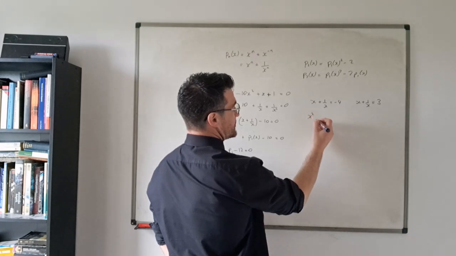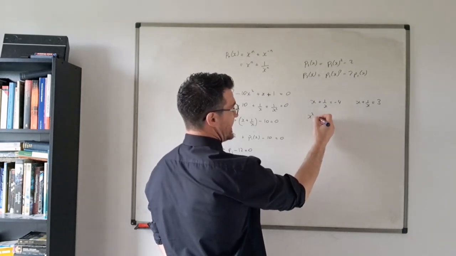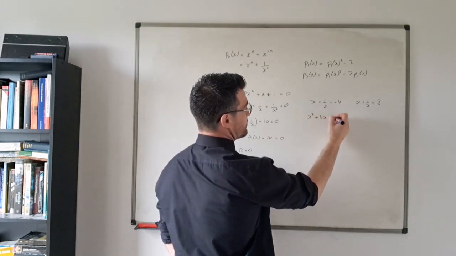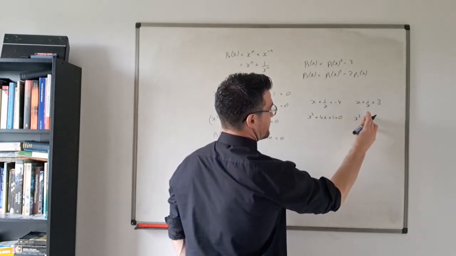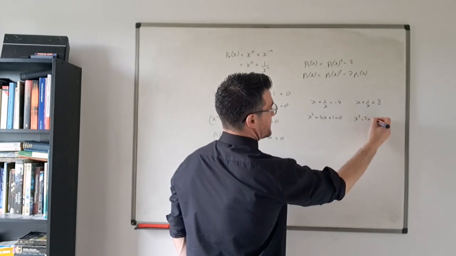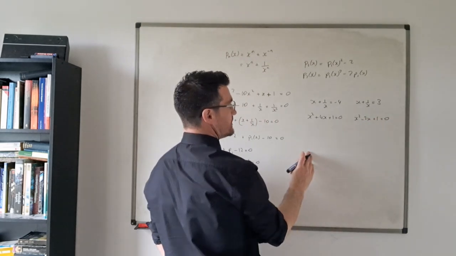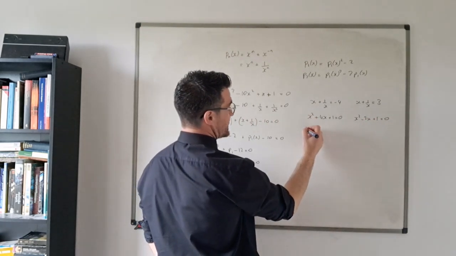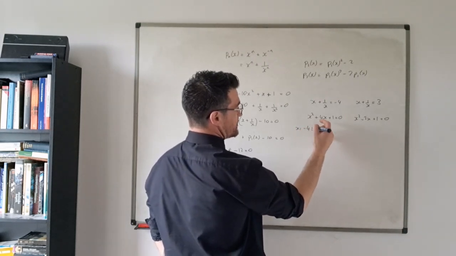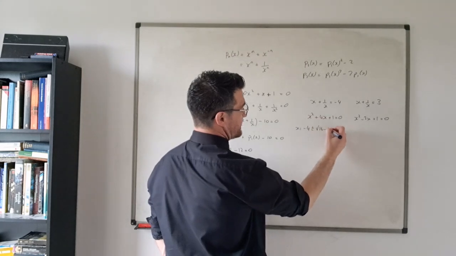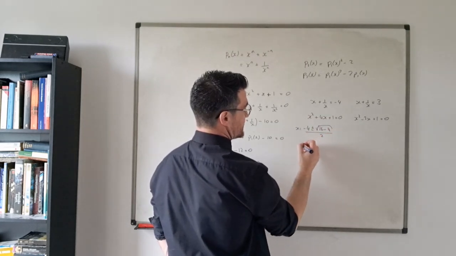This is the quadratic. This is equivalent to the quadratic x squared plus 4x plus 1 equals 0. This is equivalent to the quadratic x squared minus 3x plus 1 equals 0. The solutions to this quadratic equation: minus 4 plus or minus the square root of 16 minus 4, over 2.